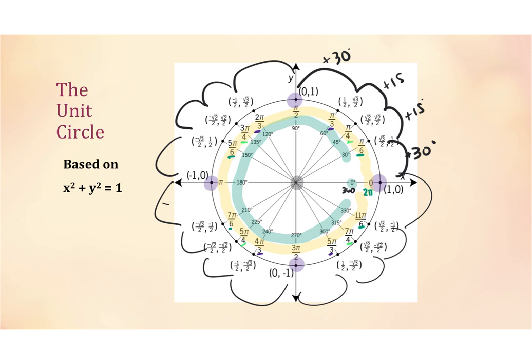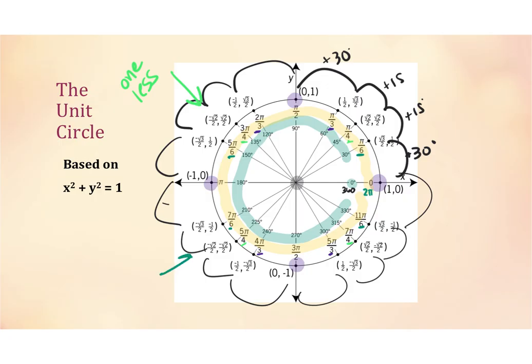And then come the numerators. They all have pi. In the first quadrant, it is just pi. In the second quadrant, it is 1 less than the denominator. So if my denominator is 3, then my numerator is 2. If my denominator is 4, my numerator is 3. And if my denominator is 6, my numerator is 5. So the second quadrant is 1 less.